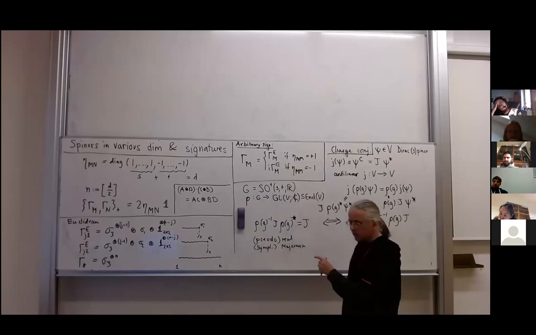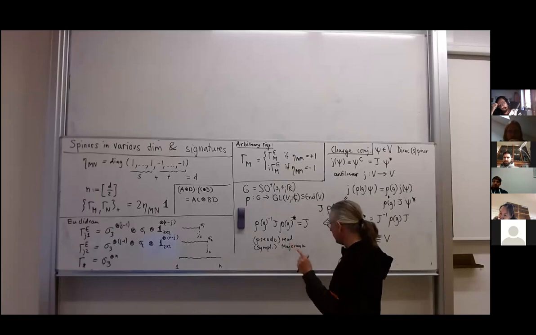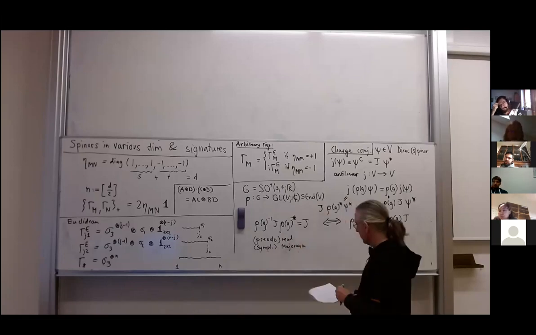But it is one-to-one. But it turns out that in the physics literature, sometimes we impose more conditions of being a Majorana and symplectic Majorana.